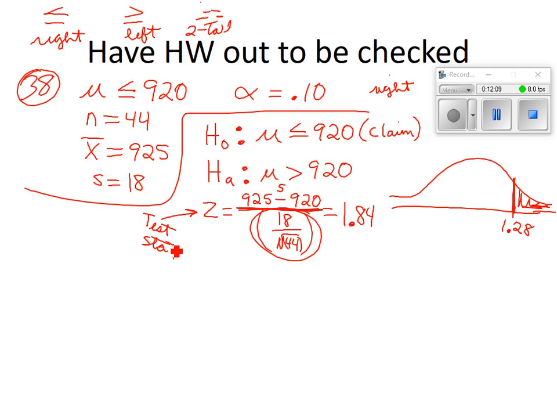Does it fall in the white area or in the red area? In the red area, it falls right here. So what does that tell us to do with the null? Reject it. So we reject the null.